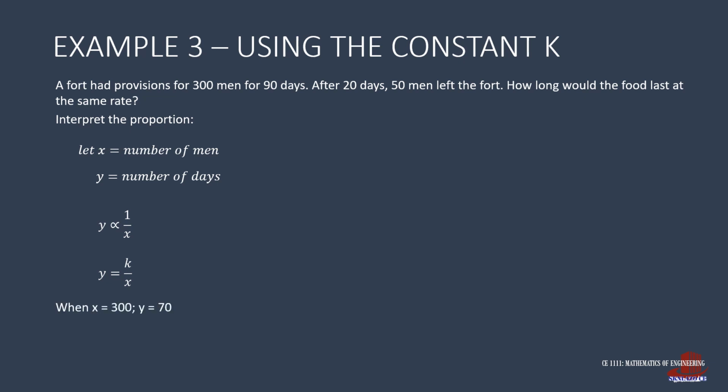This is where we are to take the equation, as after this instance, there will already be a different case ahead. So with k as the product of x and y, we get k as 300 times 70, which gives 21,000. The working equation then is y equals 21,000 over x.